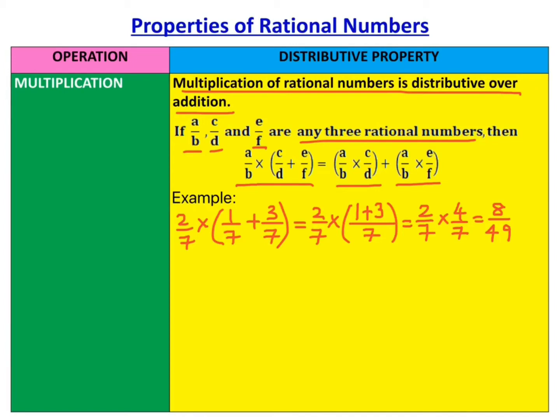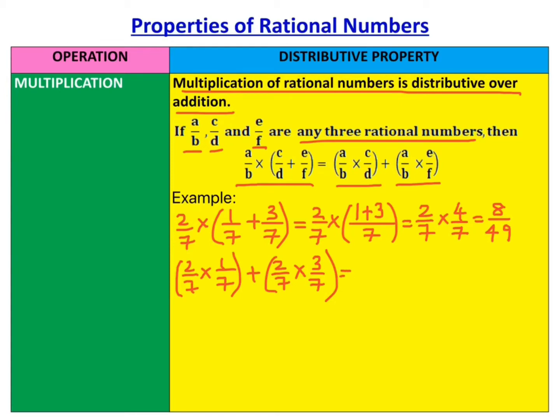Now let's consider 2/7 times 1/7 plus 2/7 times 3/7. Let's simplify this expression.